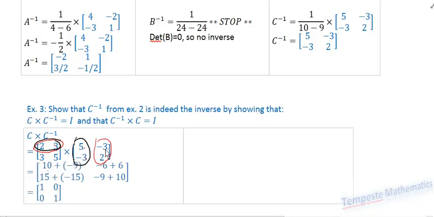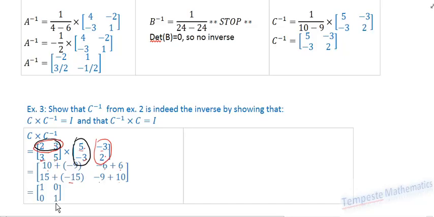2 times negative 3 is negative 6, 3 times 2 is positive 6, together giving us 0. 3 times 5 gives us the 15, 5 times negative 3 is negative 15, and then negative 3 times 3 is negative 9, and 5 times 2 is 10.